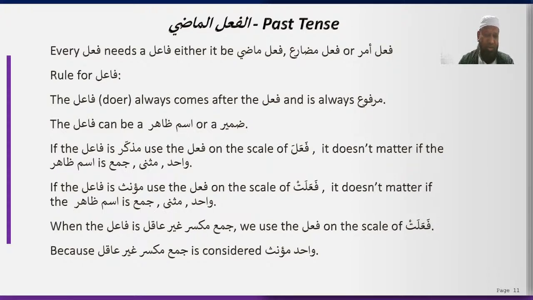It doesn't matter, ism dhahir can be wahid, muthanna or jama'. When the fa'il is jama' mukassar ghair aqil, we use the fa'il on the scale of fa'alat, because jama' mukassar ghair aqil is considered wahid muannas.